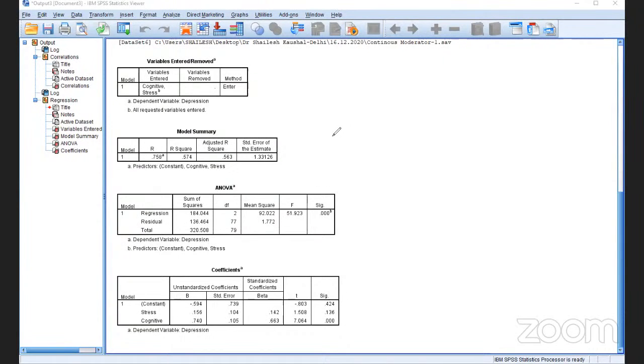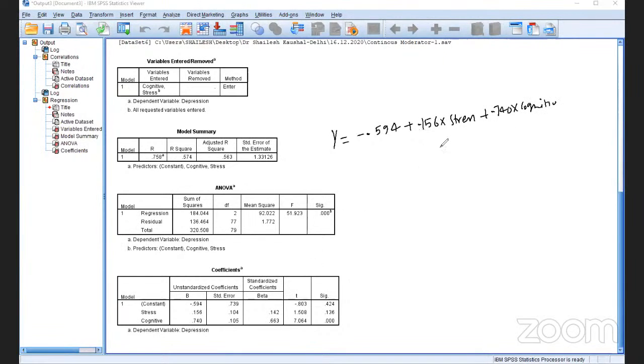So what is the regression equation? My regression equation is minus 0.594 plus 0.156 times stress, plus 0.740 times cognitive.